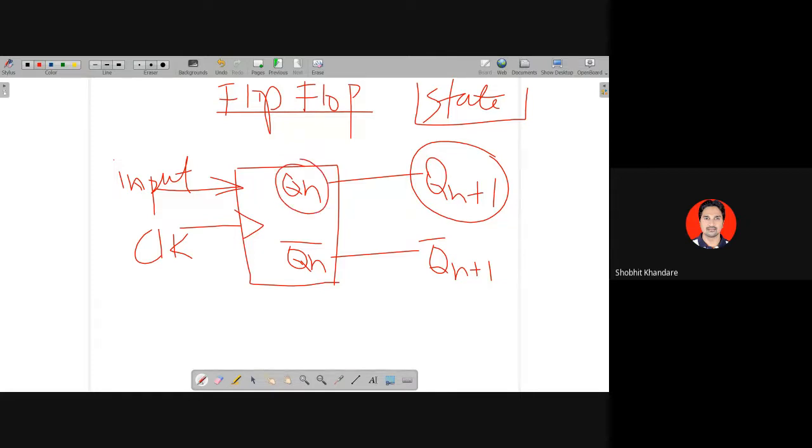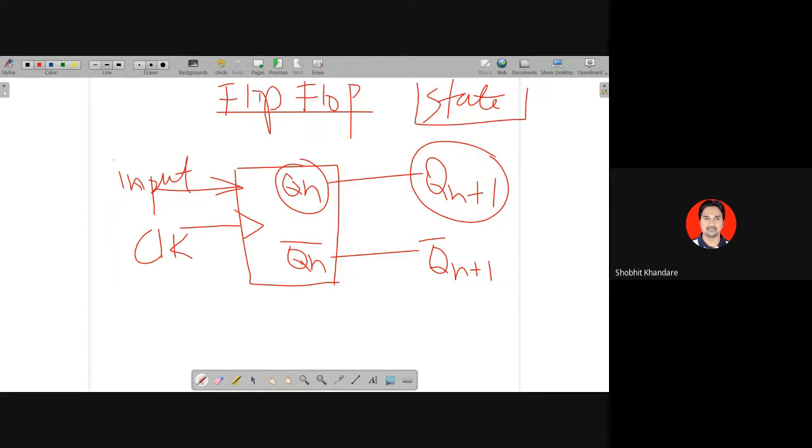Again I'm repeating, n plus 1 means the next state. Qn is the past state. I'm talking about the output state. Qn is the past output state. Qn plus 1 is the present output state.